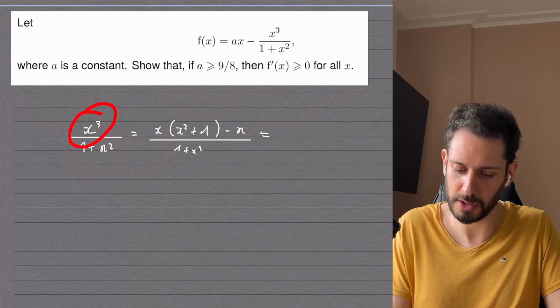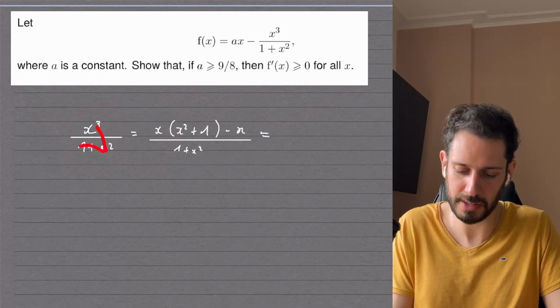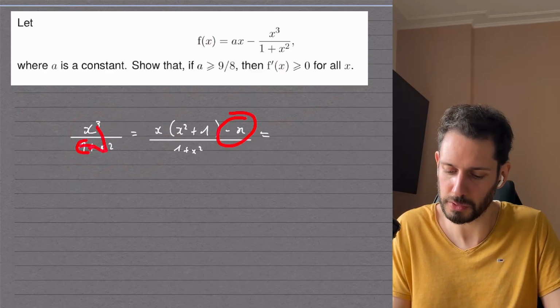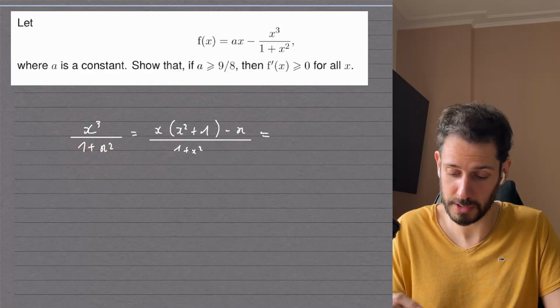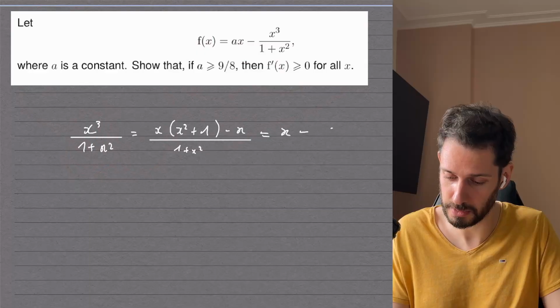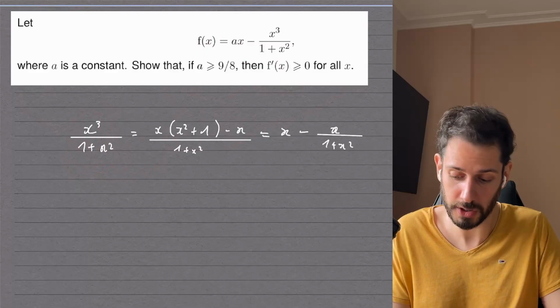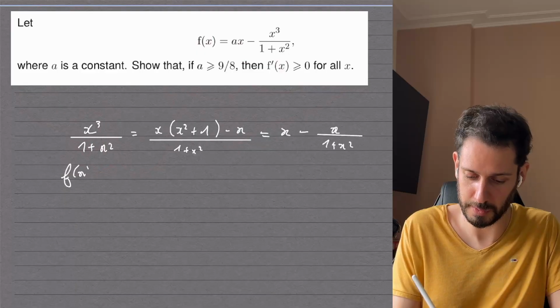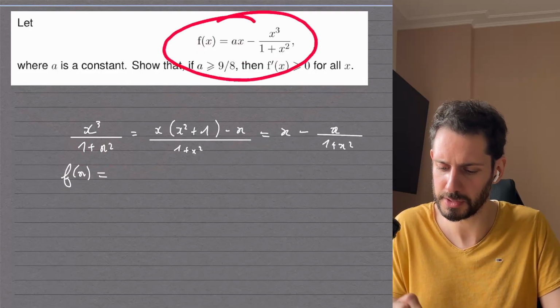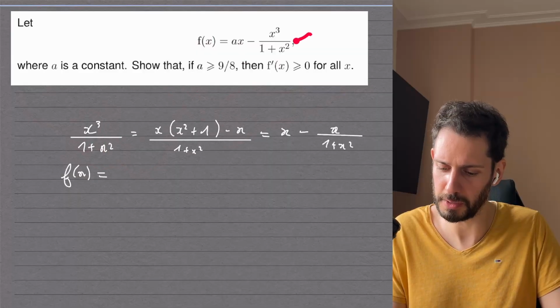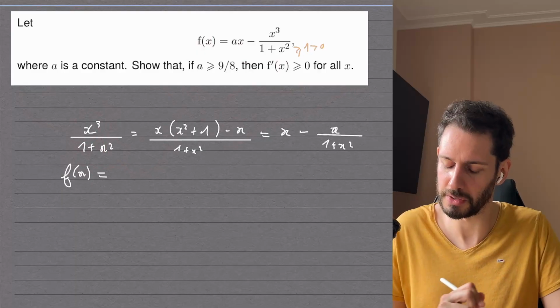You just say, okay, this is a cube, I just want to write this thing. So the plus x, we just do a plus x and minus x here to compensate. And what this gives us is actually ax minus x over 1 plus x squared, which is a way simpler function. So I have in the end f of x equals... the domain for f is of course the whole set of real numbers, because this thing is always bigger than 1, therefore bigger than 0.